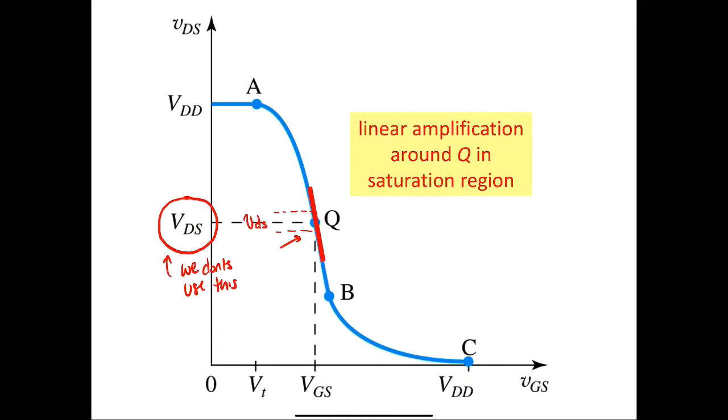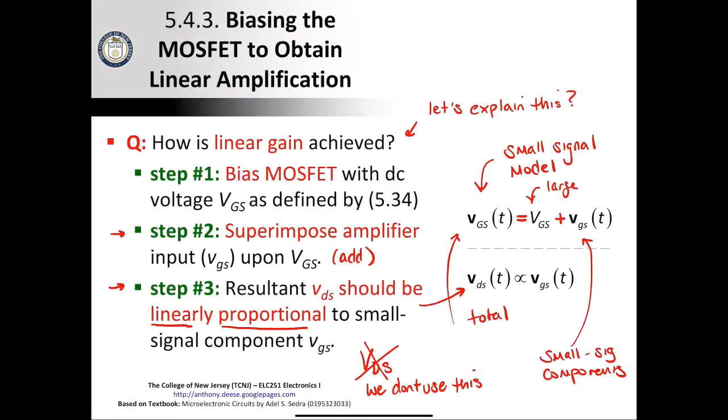Okay? And that makes sense because the large signal component of VGS is also not part of the input. So whatever is not part of the input shouldn't be included as part of the output. And so that's all that it says here. The output is little vds, and it's proportional to little vgs.